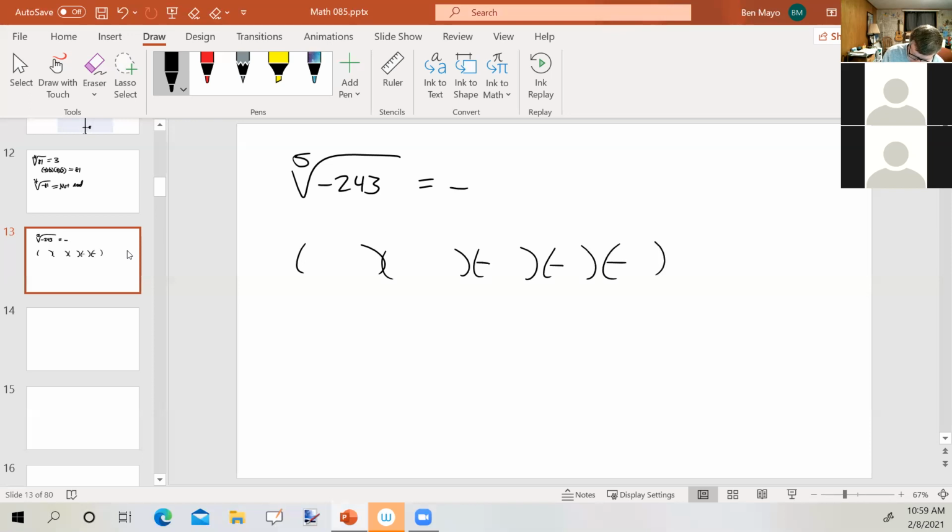But what number is that going to be? Well, let's see. 2 times 2 is 4, times 2 is 8, times 2 is 16, times 2 is 32, so it's bigger than 2. Well, 3 to the fourth power was 81, so 3 times 3 is 9, times 3 is 27, times 3 is 81, times 3 is 243, so it would be negative 3.